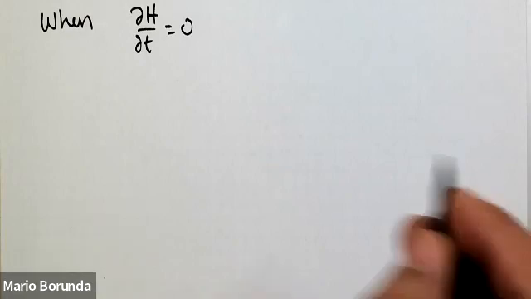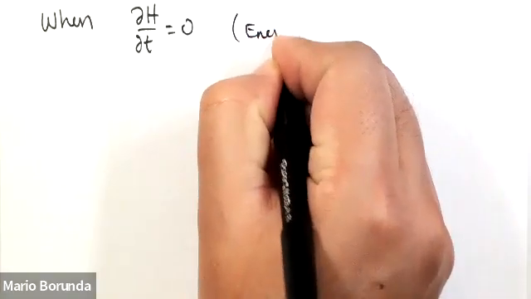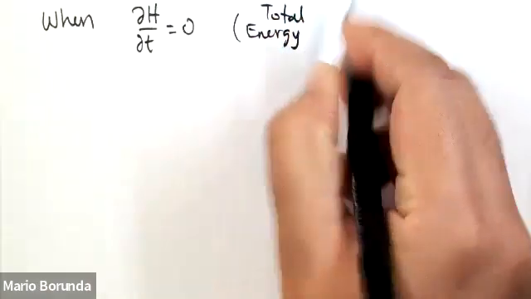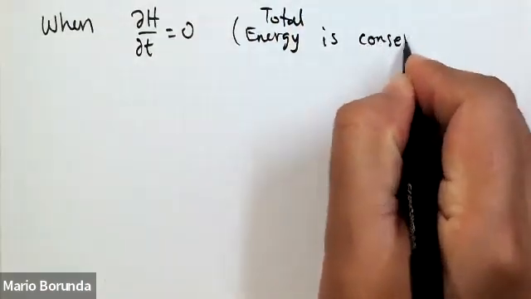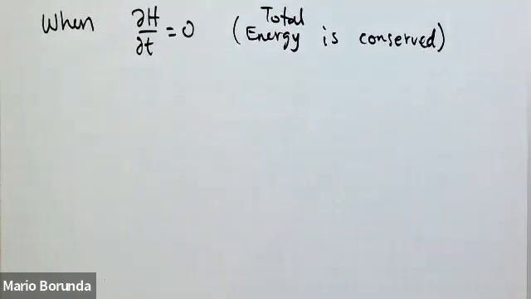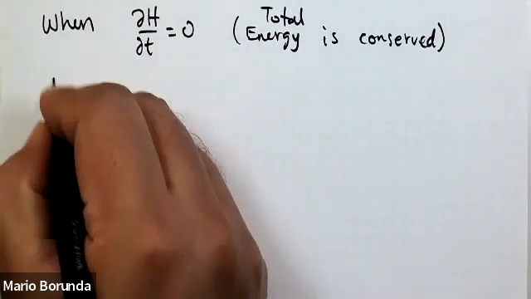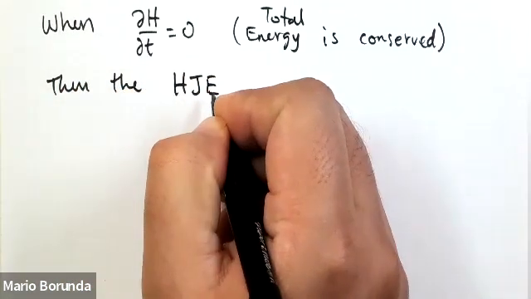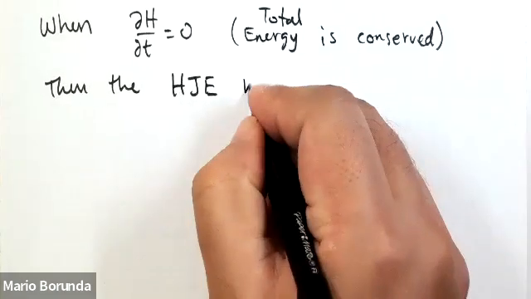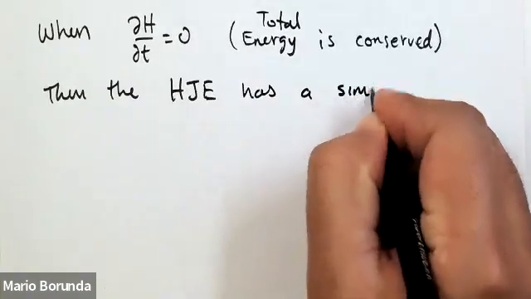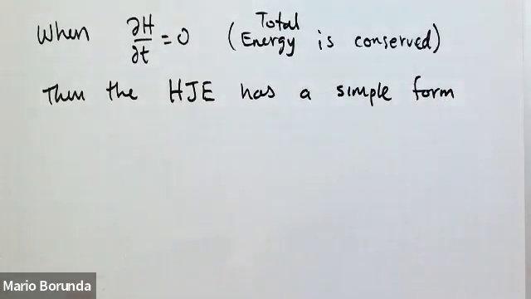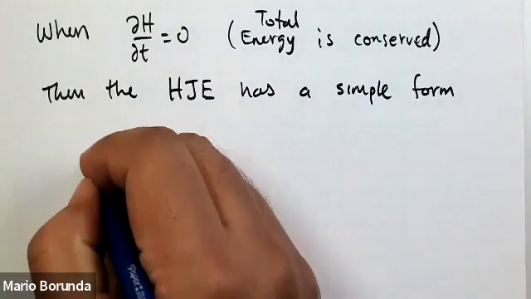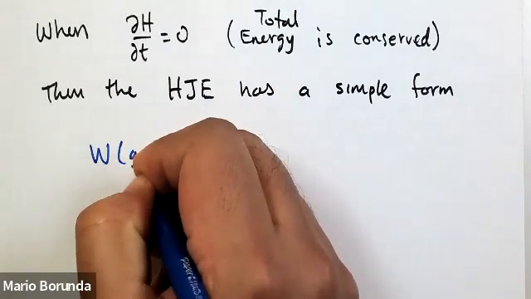So if we do that, this is the total energy. If we have that, then the Hamilton-Jacobi equation has a simple form, and we can use it because we're going to come up with this equation right here.